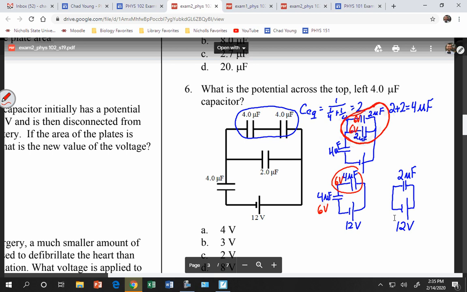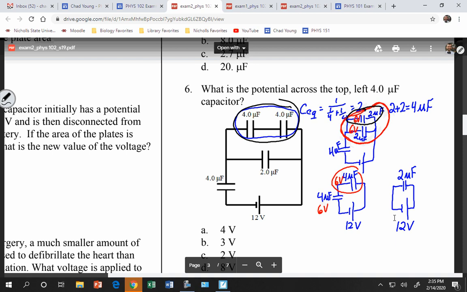Now I want you to recognize, look at this. It's going to blow your mind. This 2 microfarad capacitor was the equivalent for these two 4 microfarad capacitors. So if I have 6 volts across that 2 microfarad capacitor, which is the equivalent of the 2 4s in series, what's the voltage across the 4 microfarad capacitors?